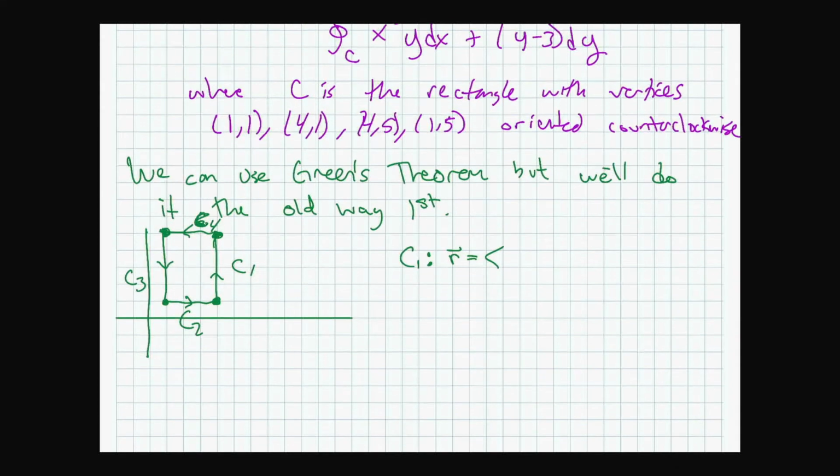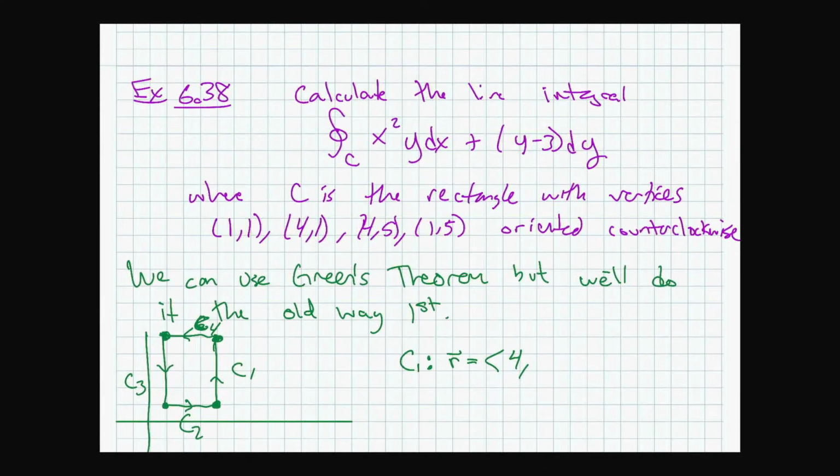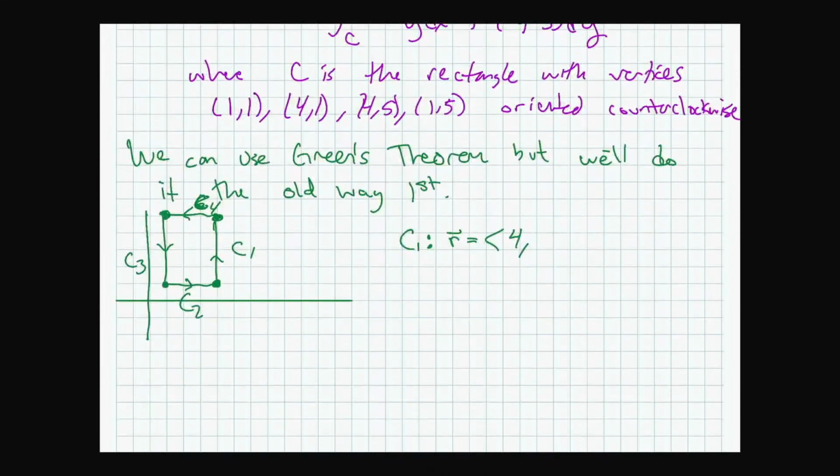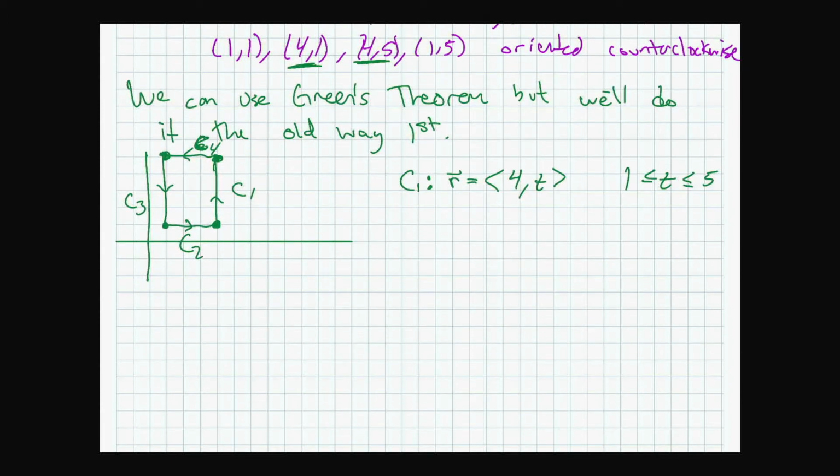The y value is changing from 1 up to 5, because we're going from (4, 1) to (4, 5). So we could put a t there, and t goes from 1 to 5. So that's a pretty simple parameterization.